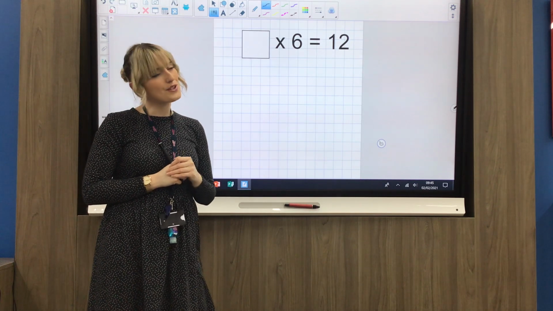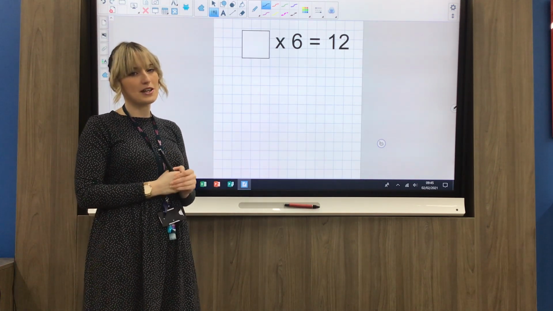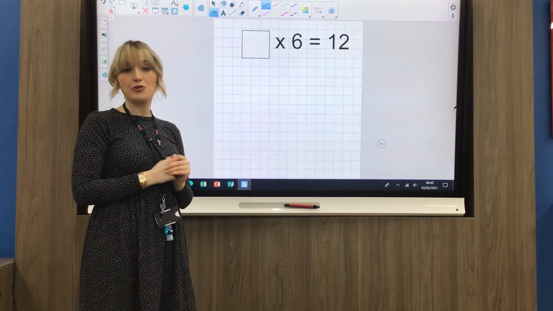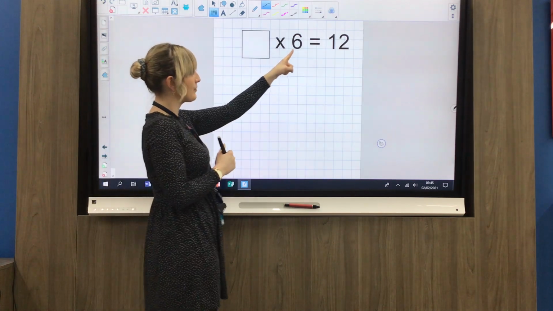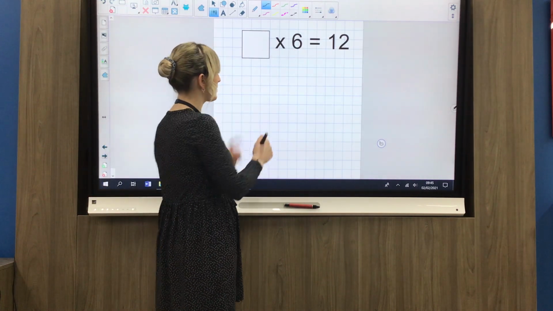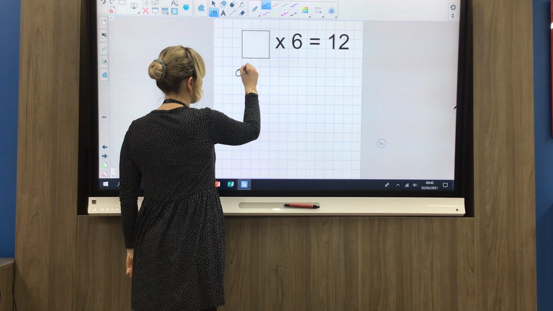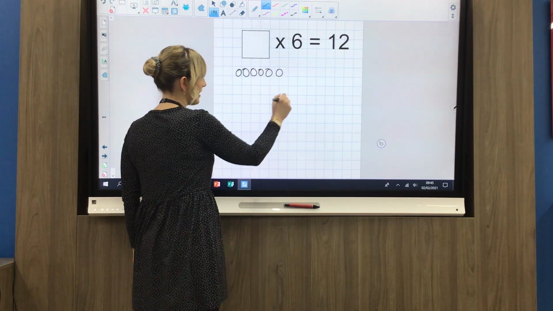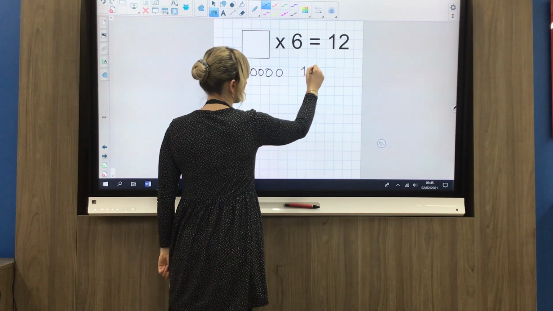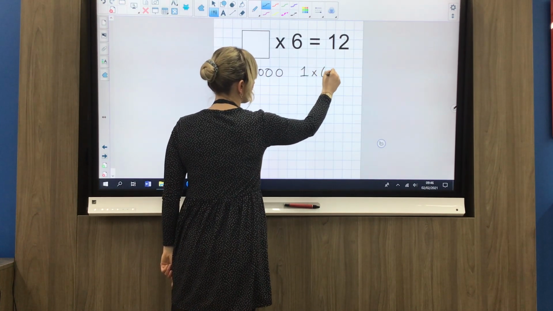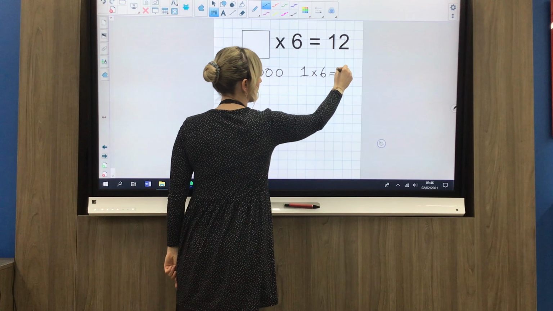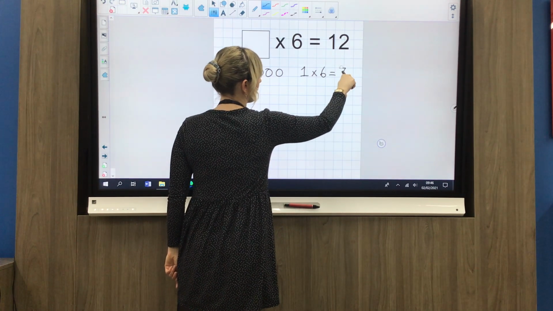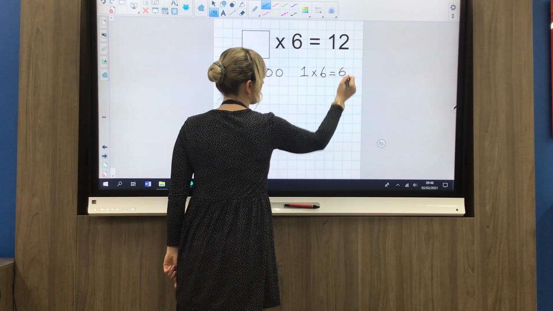Now, I know some of us don't know our 6 times table. Use drawing to help you. So I need to work out how many 6's go into 12. So if I've got 6, 1, 2, 3, 4, 5, 6, that's 1 times 6 equals 6.